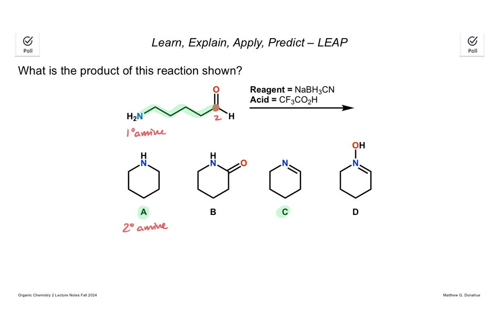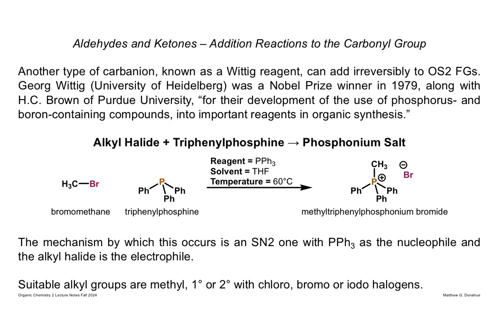So the last 15 minutes, we're going to sort of switch gears and look at a different type of reaction, which is, as I said, eventually going to help us set the stage for getting into oxidation state 3 functional groups. This is still an addition to an aldehyde or a ketone. But now this type of addition is no longer reversible.